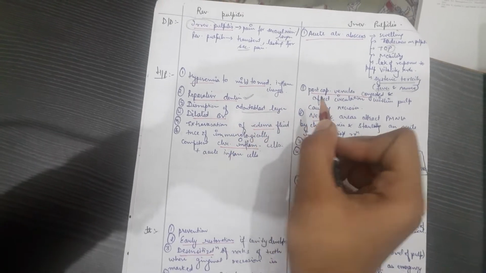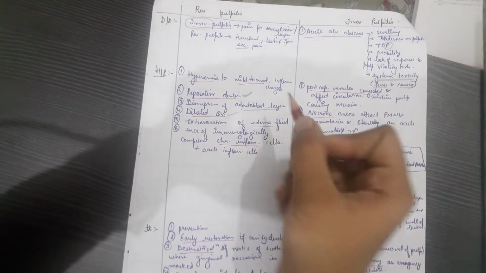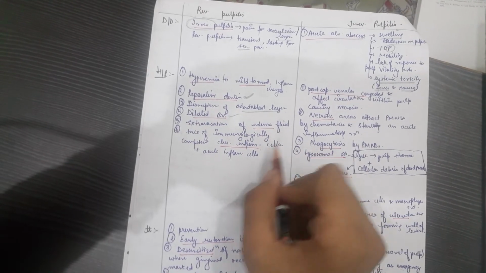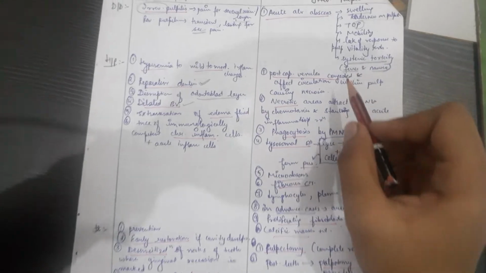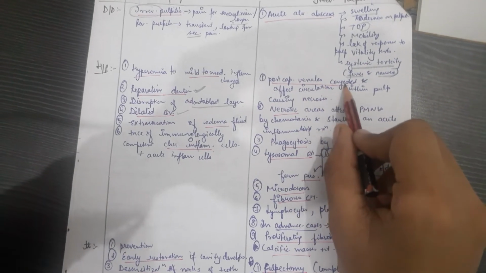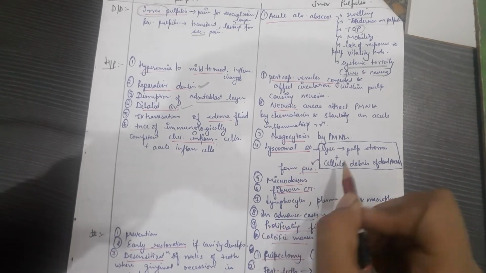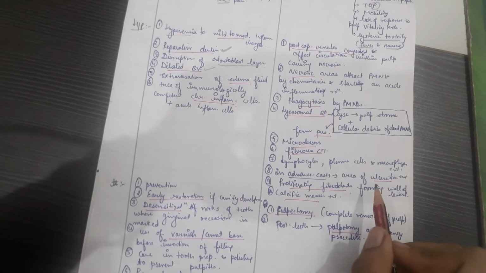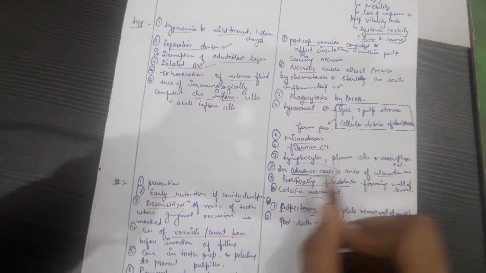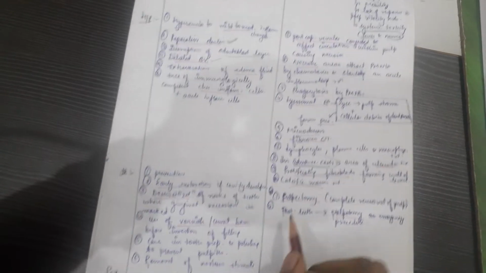Disruption of odontoblast layer, dilated blood vessels, extravasation of edema fluid, and the presence of chronic inflammatory cells. Whereas in irreversible pulpitis, post capillary venules are congested, necrotic areas seen, phagocytes seen, lysosomal enzymes, microabscess, etc. are seen. And in advanced stages, areas of ulceration, proliferating fibroblasts, calcific masses are seen.